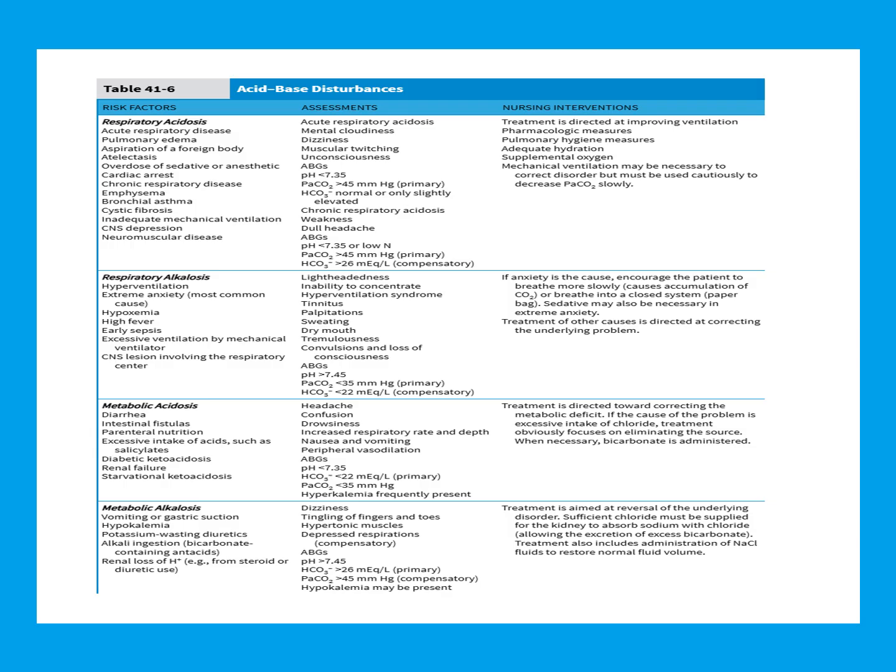We want to correct any electrolyte imbalances if there's some deficit. We want to increase the excretion of the bicarbonate, and we might have to administer some IV fluids that would help restore their fluid volume.